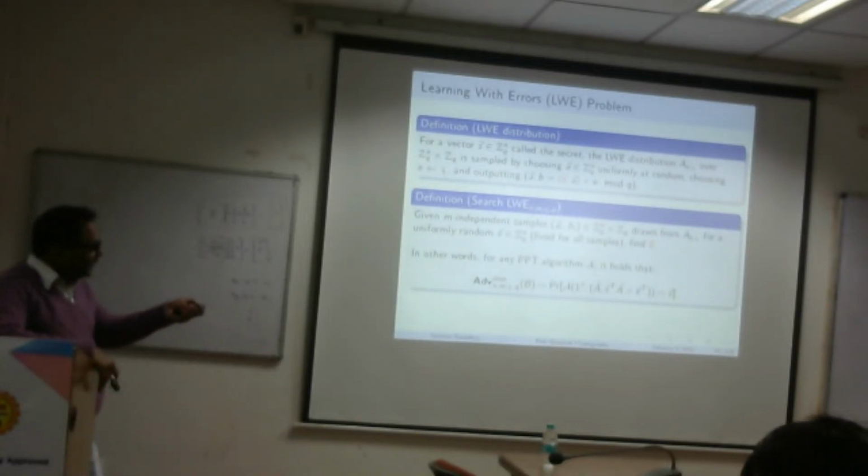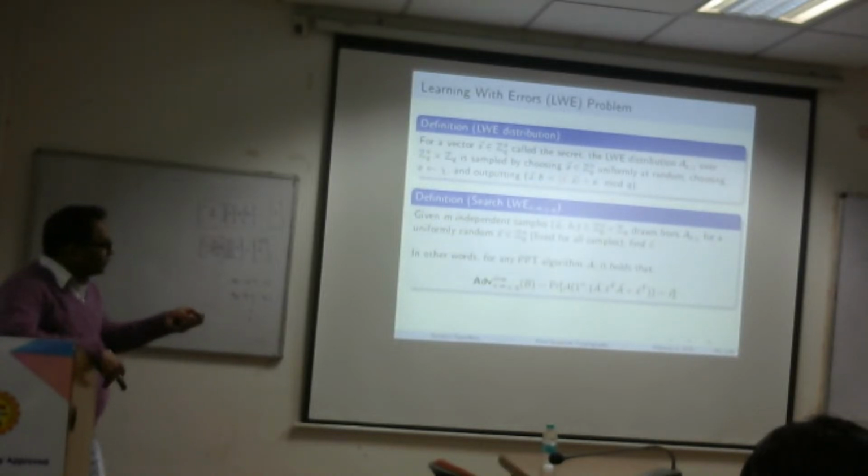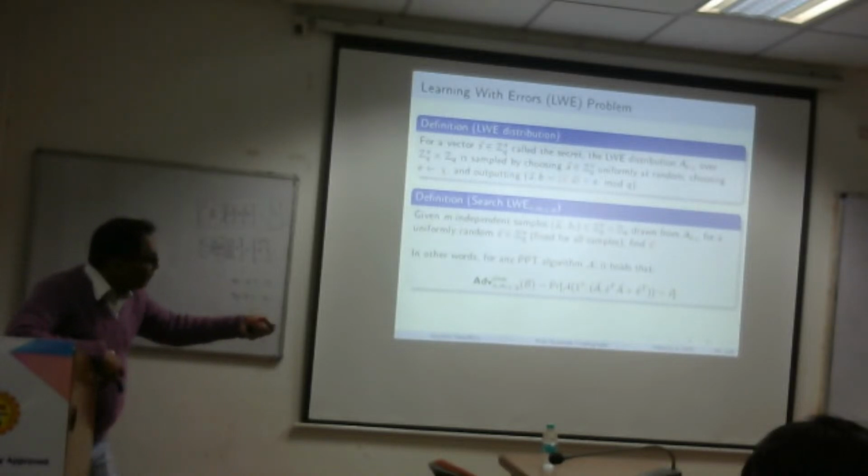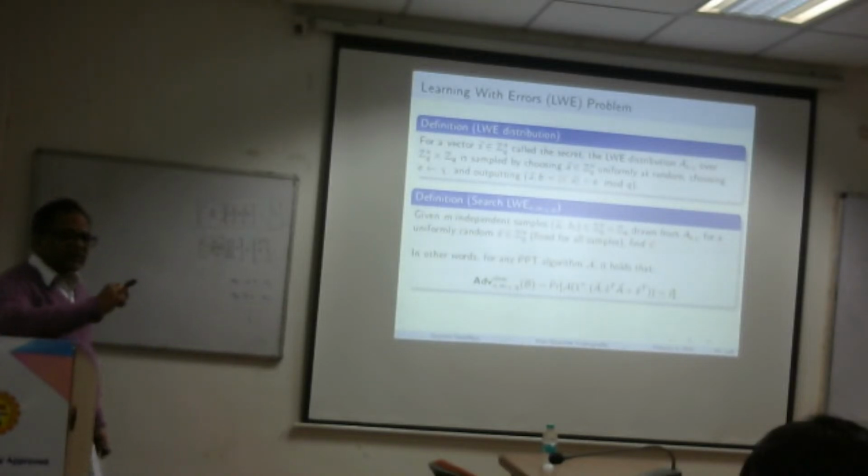So what it says here is this: I give you A, and I give you A times S plus E, which is the vector B. So you have these two inputs. Your adversary is allowed to run in polynomial time in n. Can you figure out what S is? The probability for this to happen is extremely close to 0.